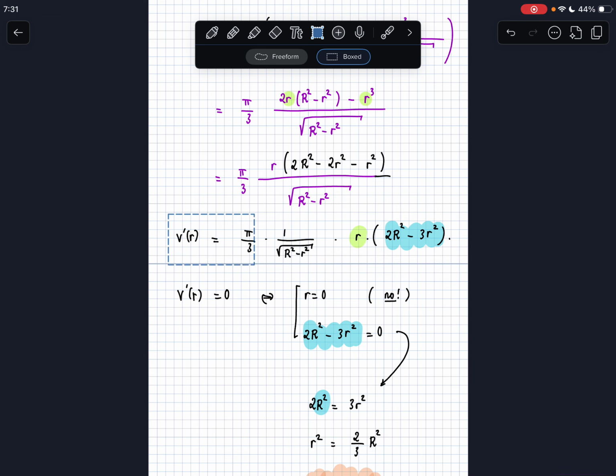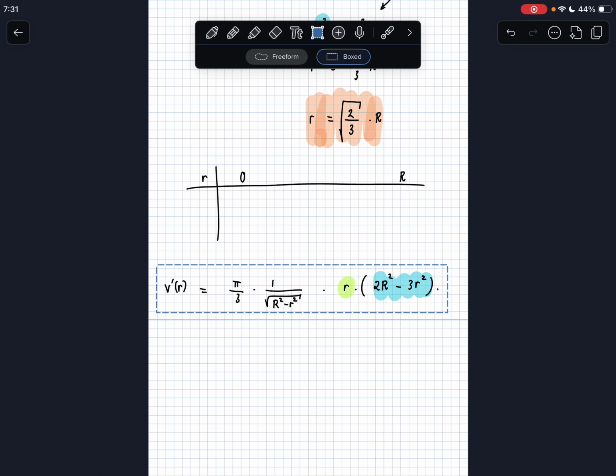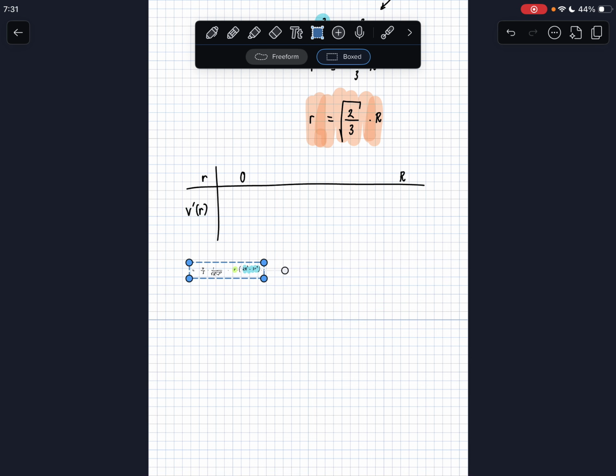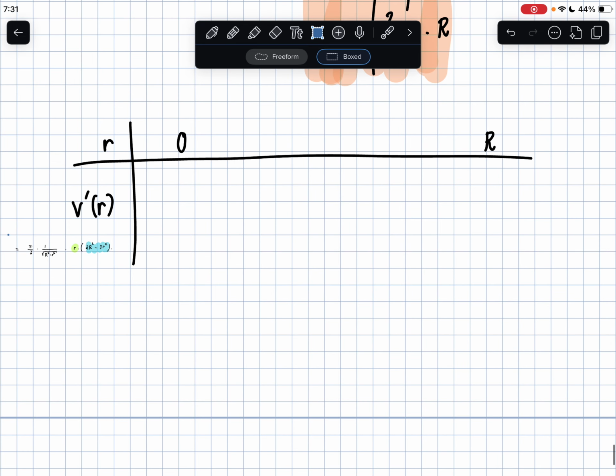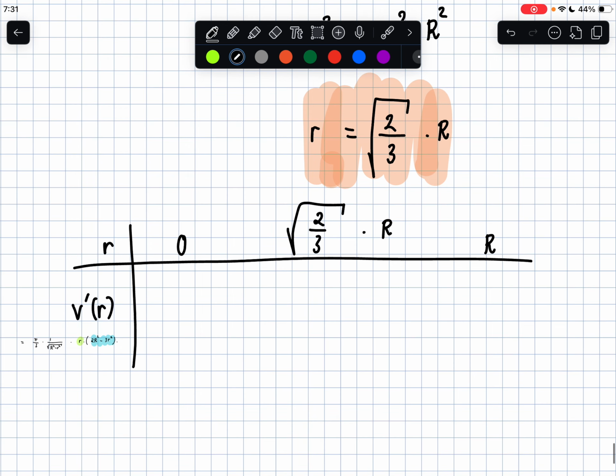So here's our V prime, equal to this. So this critical point, square root of 2 over 3 times R. So you see that V prime is 0 here. And we have the volume.